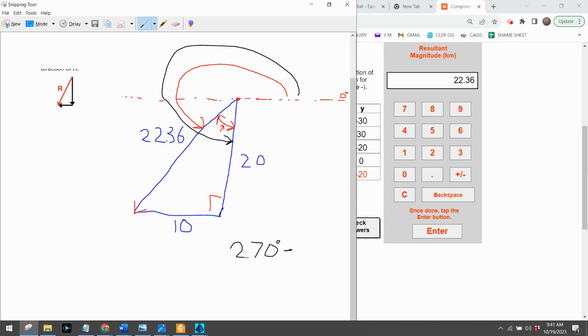I'm going to show how to solve that angle now, but if you understand how to solve a triangle using trig functions, you wouldn't need to watch the rest of this video. It's just as simple as 270 degrees minus what that angle is.